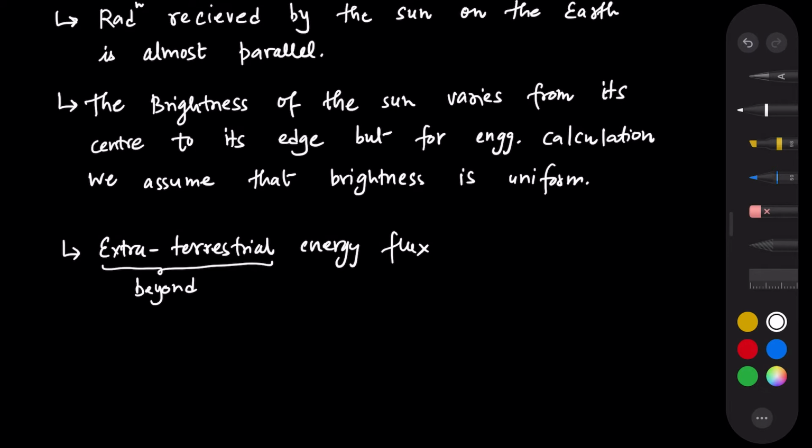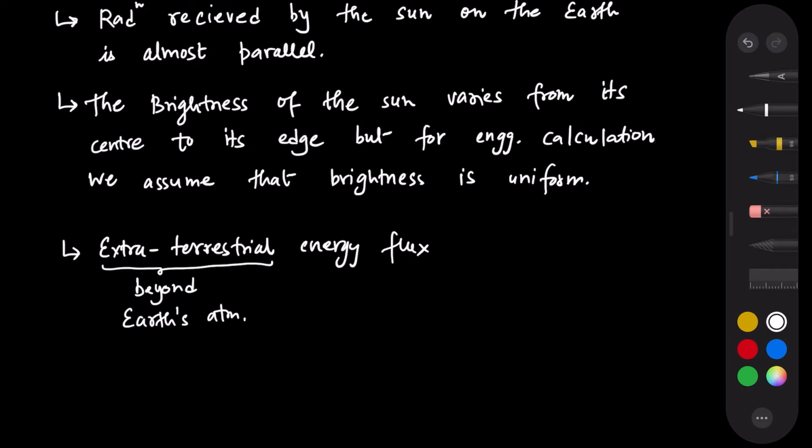Beyond Earth's atmosphere is considered as extraterrestrial. So extraterrestrial energy flux means the amount of energy flux which is on the Earth atmosphere, which has not crossed the Earth atmosphere, but the flux energy which is on the Earth atmosphere.